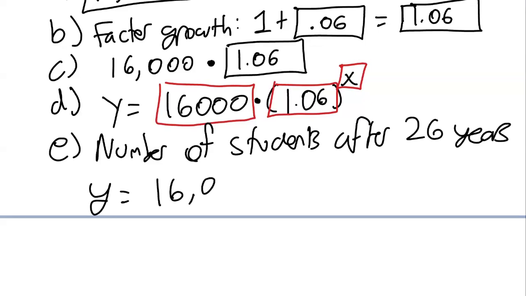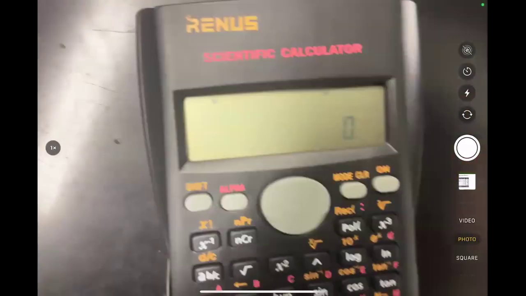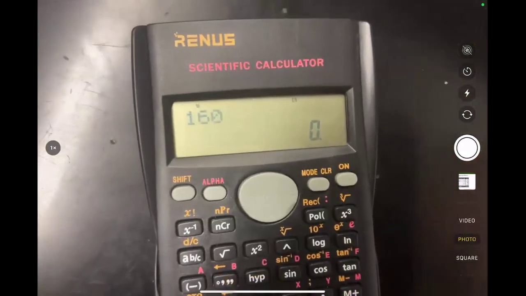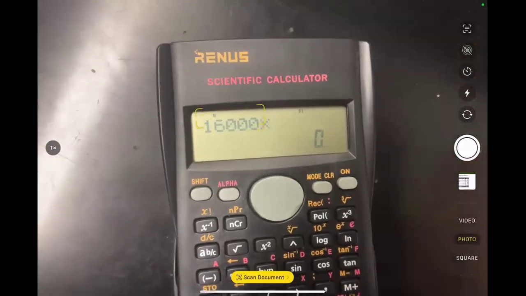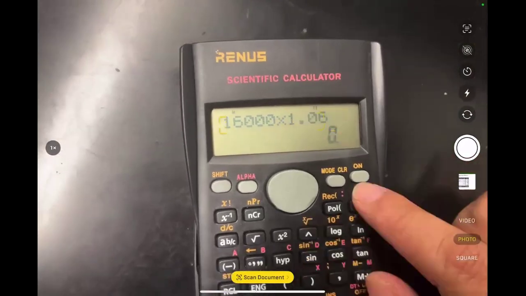16,000 parentheses 1.06 to the power of 26. So if we do it by the calculator, we'll just do 16,000 times 1.06. If you want, you could put that in parentheses too.